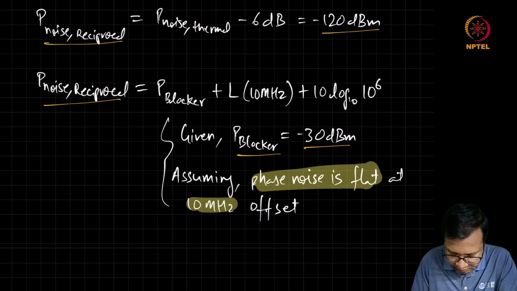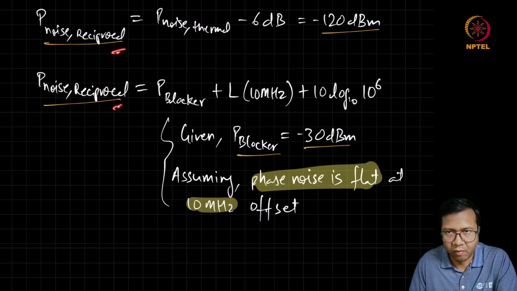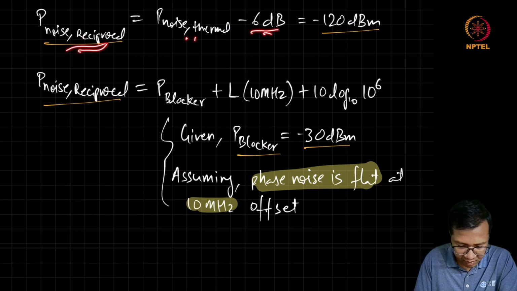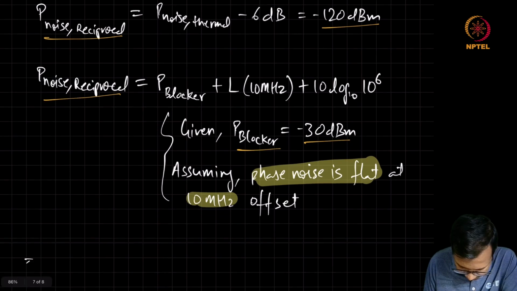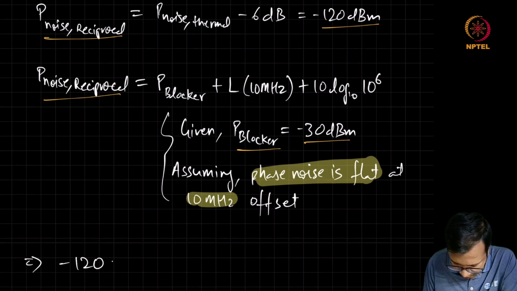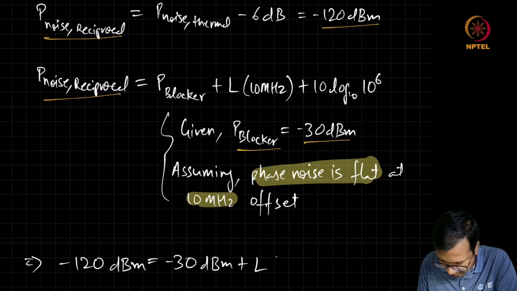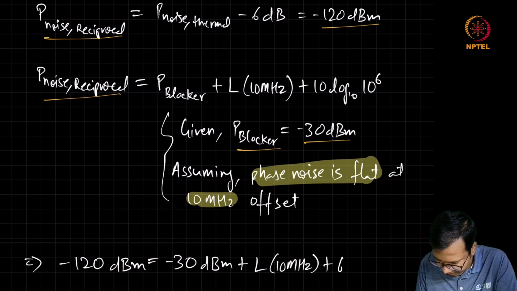Now we can look at these two equations and find out the maximum phase noise which we can tolerate while making sure the reciprocal mixing noise is 6 dB below the thermal noise floor. Minus 120 dBm equals minus 30 plus the phase noise plus 60.